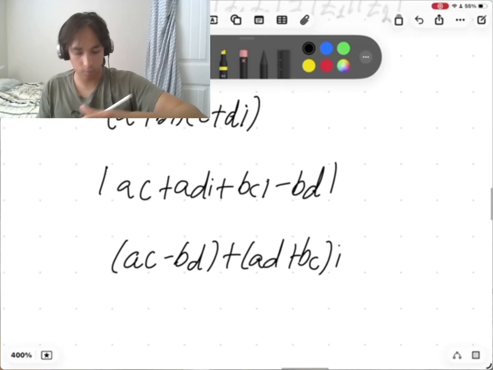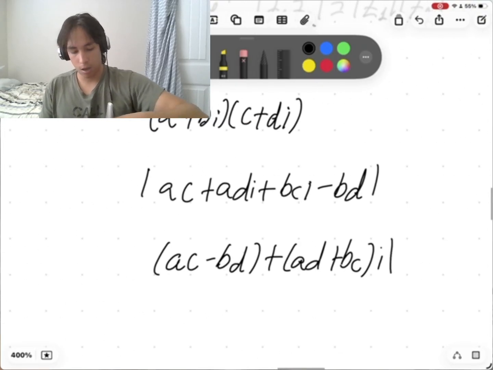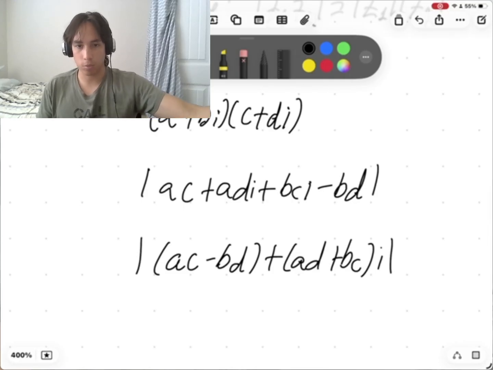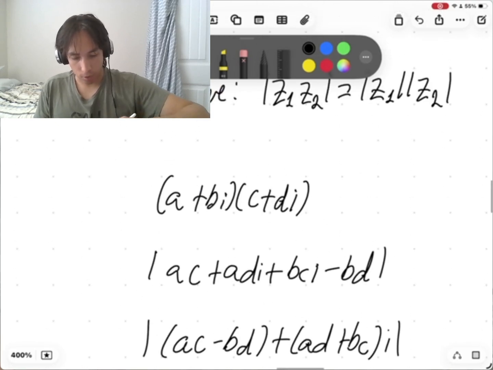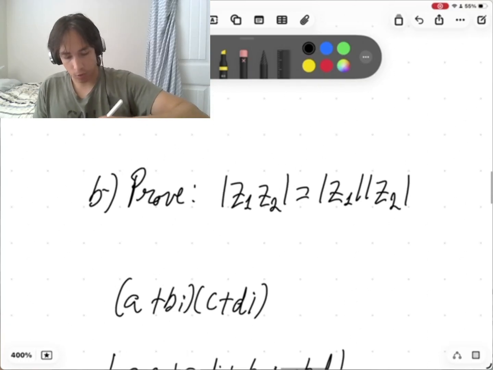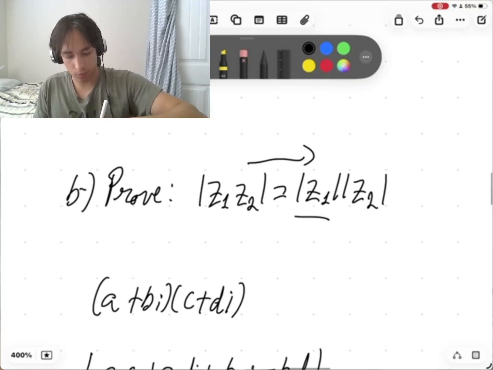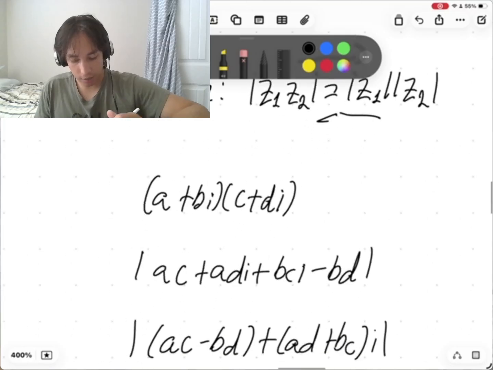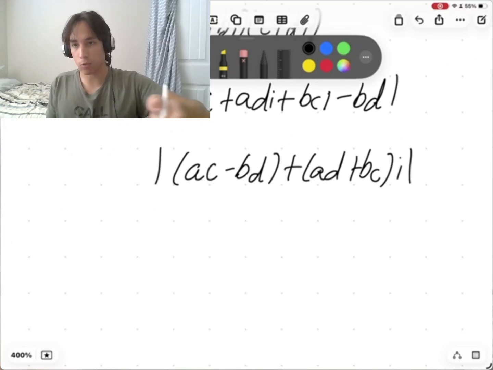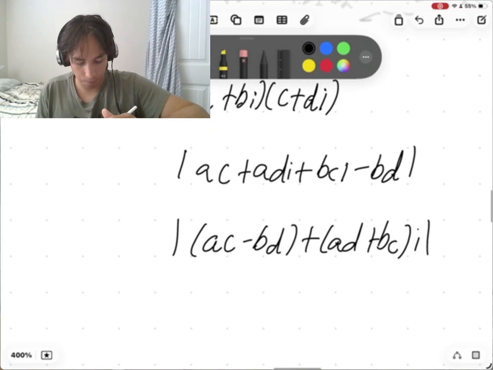I'm trying to get the absolute value. I'm trying to work through an example or a problem to know how I am gonna prove it and what I'm gonna write in the proof. And so I'm trying to go from here to here. You could also try to go from here to here, like I did in the last example, and then determine which one's more efficient, which one's easier to write, or which one makes more sense, right?